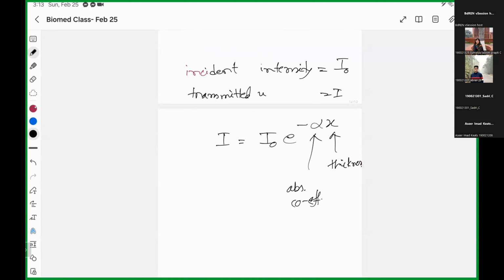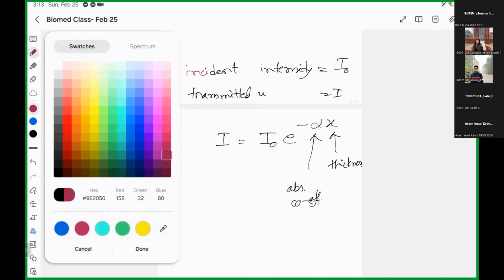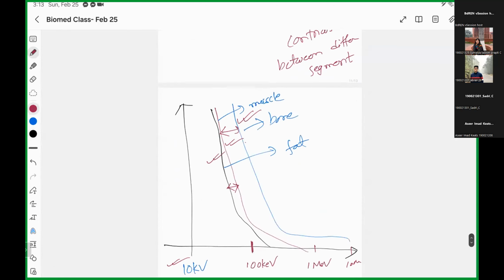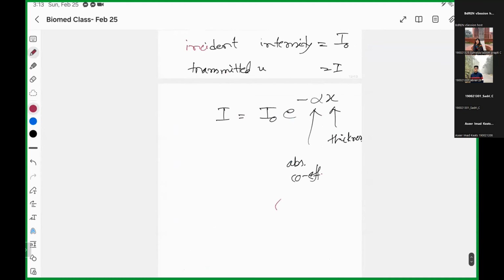Different biological objects, like bones, fat and muscle, each have a different absorption coefficient alpha.